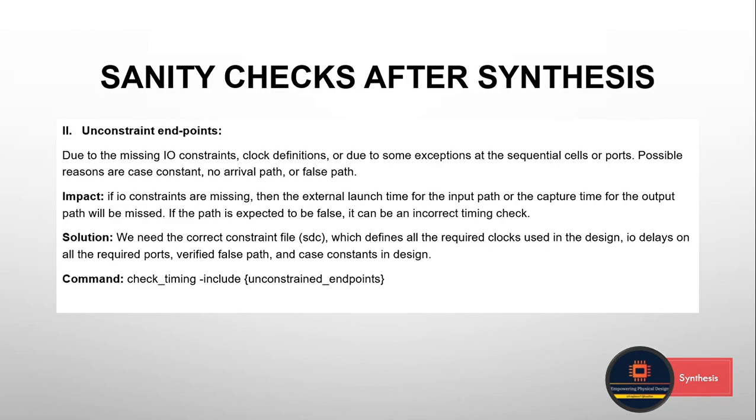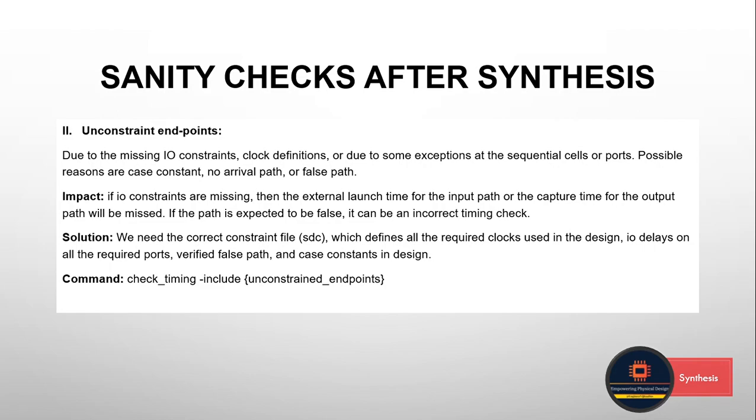Next is unconstrained endpoints. As we already said, why do we generally see unconstrained endpoints? We can see them if the clock definitions are not properly defined in the SDC. Another thing is that if the IO constraints are missing or incorrect, at that time also we may see these unconstrained endpoints. And if the timing exceptions that we mention in the SDC file, like false path, half cycle path, multi-cycle path, are incorrect, it will throw this error, unconstrained endpoints.